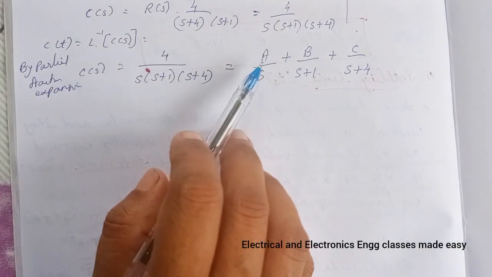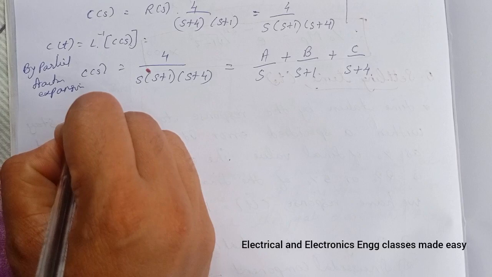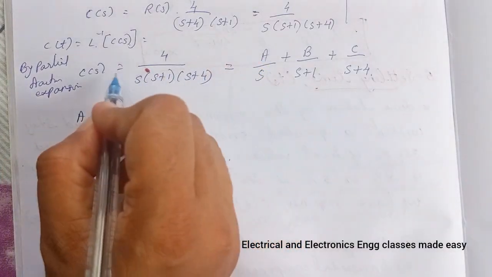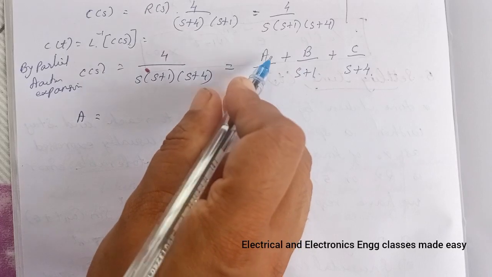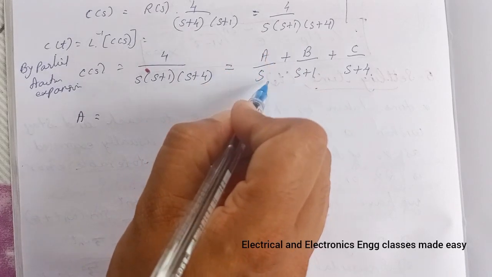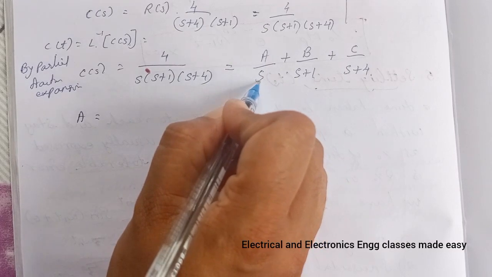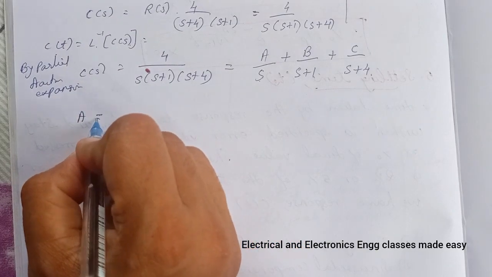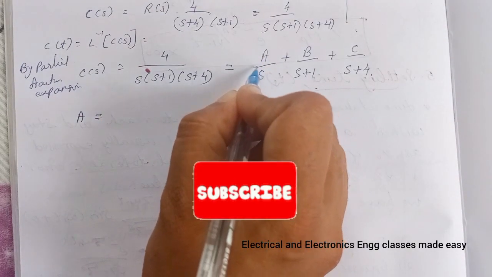Now we have to find the values of A, B and C. To find the value of A, multiply this C(s) into the denominator of this A and equate this denominator equal to 0 and find the value of s. That is, here the denominator of this A coefficient is s.